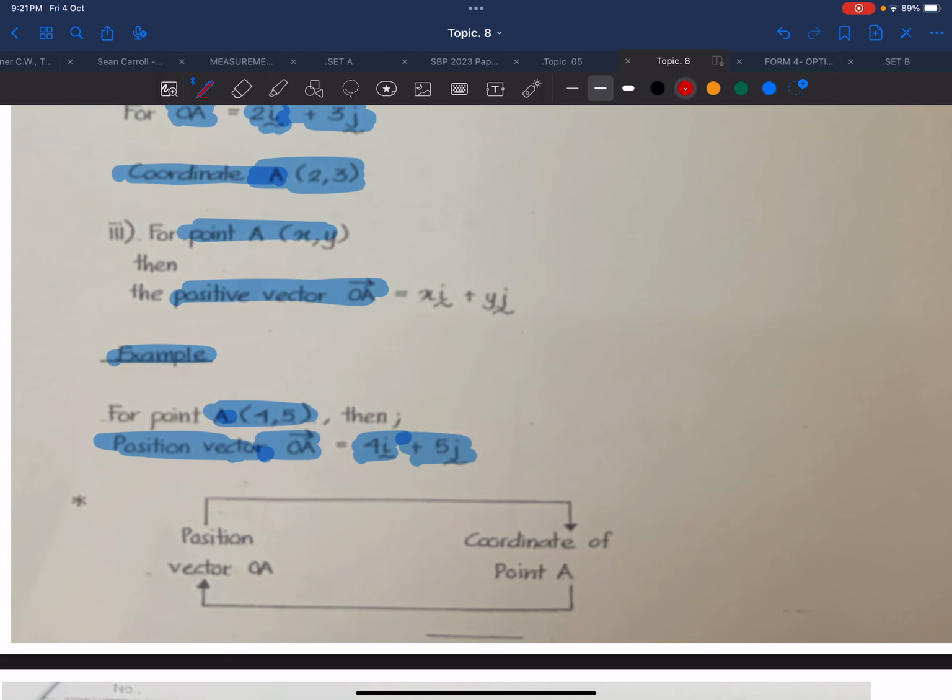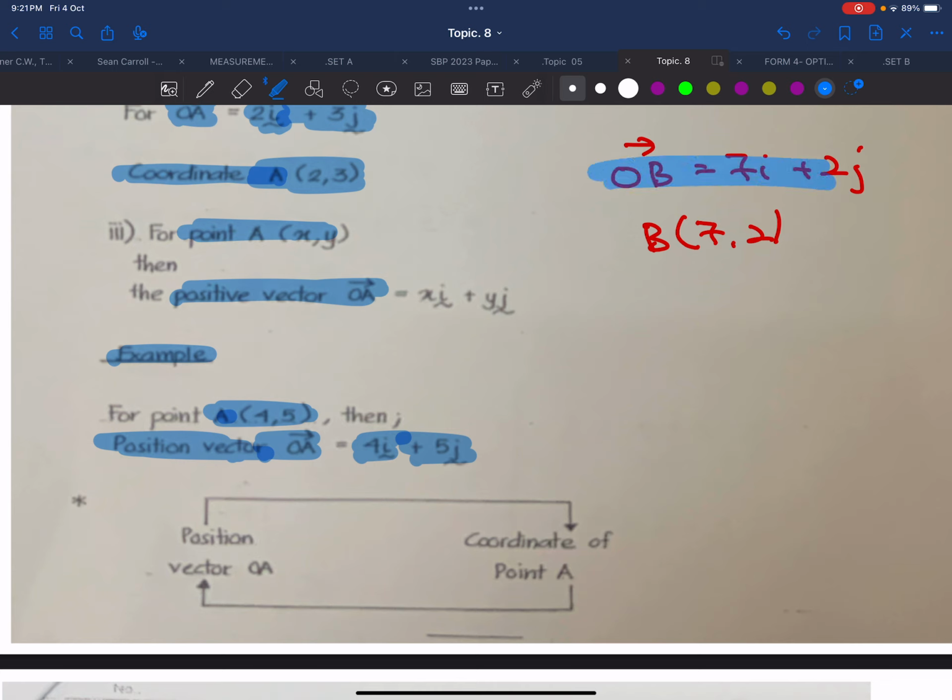Okay, so if I have OB is 7i plus 2j, the coordinate of B is 7 and 2. So that means from position vector, I got the coordinate. Reverse, let us say I got a point B, 3 and 5.